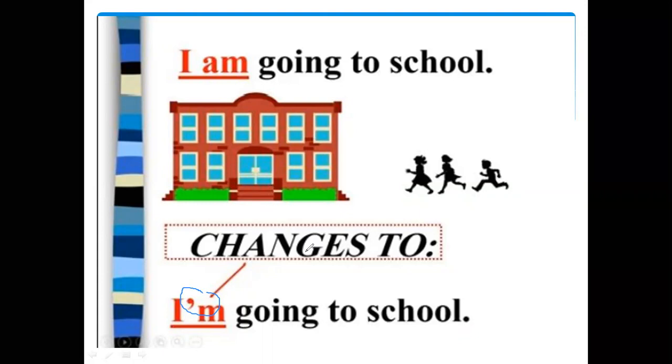I am, to be easier. I am going to school. But the other one, I'm, uses the apostrophe sign to be short. I'm going to school.